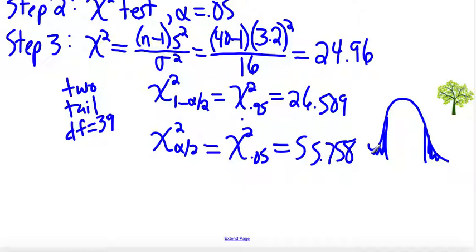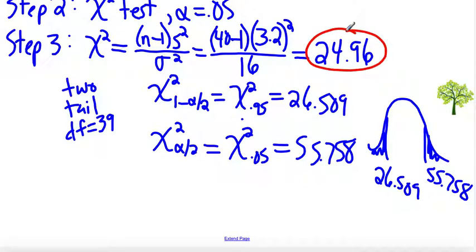Our two critical values are 26.509 and 55.758. And we need to see where our chi-squared test statistic falls. Okay, 24.96 falls in this rejection region. Clearly in the rejection region.